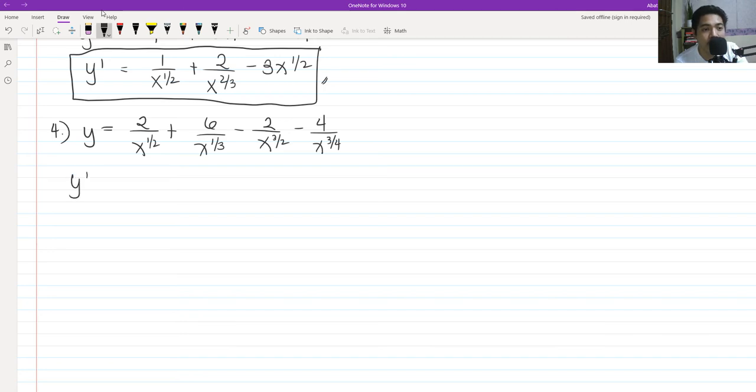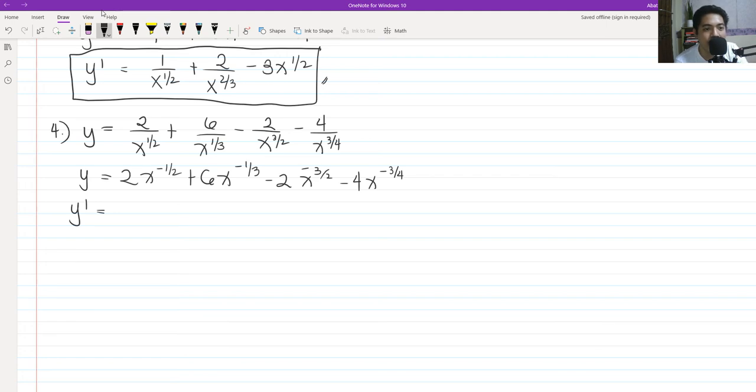So we can rewrite this as y equals 2x raised to negative 1 half plus 6x raised to negative 1 third minus 2x raised to negative 3 halves, then minus 4x raised to negative 3 over 4. And then we can now apply the power rule, getting the y prime.